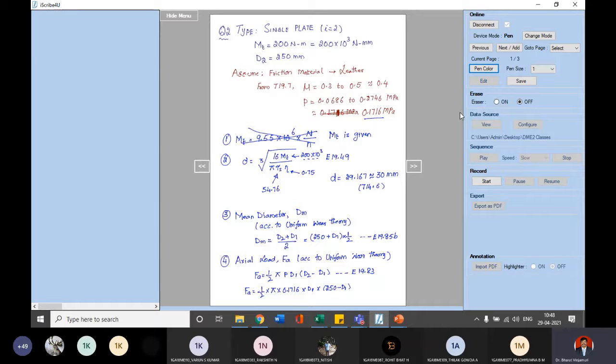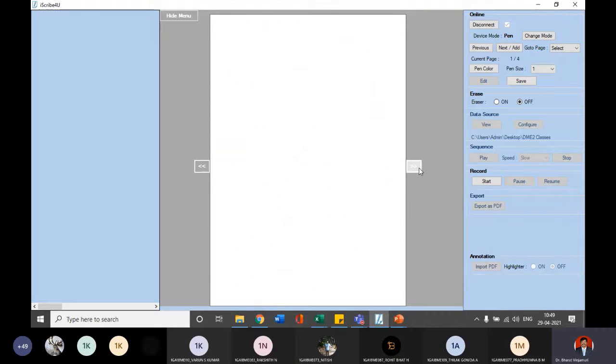Try to do the calculation: 0.27 multiplied by D1. Precisely, I get FA is equal to 0.2695 D1 into (250 minus D1).